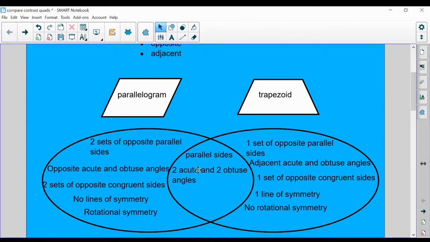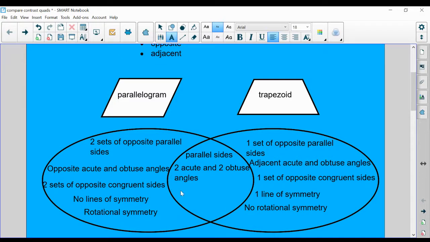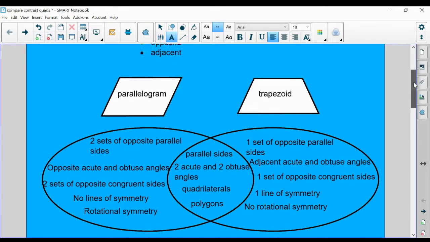We know that they're both quadrilaterals, so that is definitely a gimme of what they have in common, because they both have 4 sides. So quadrilaterals, I want to put 2 L's in a row there for quadrilaterals. And polygons. So those are 2 terms that they both share. They're both quadrilaterals and they're both polygons. Okay, so that's an example.